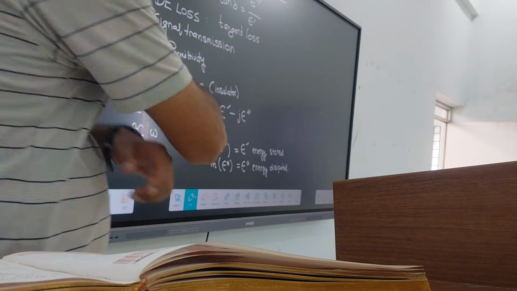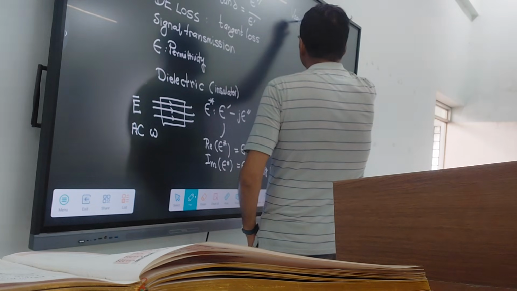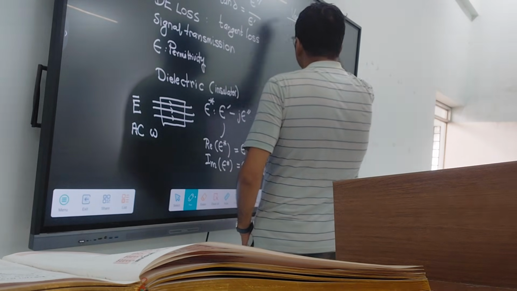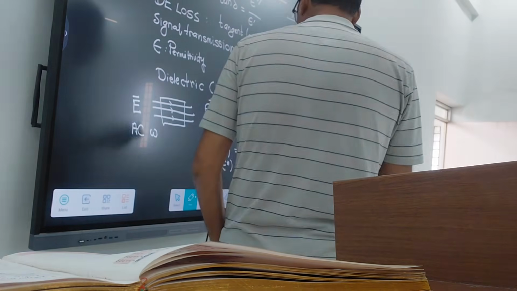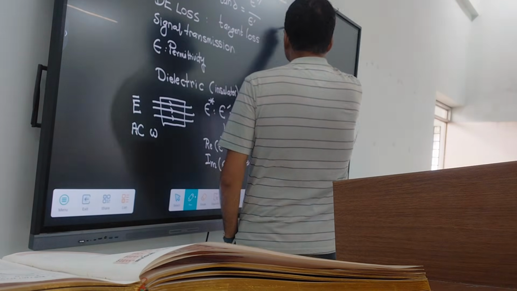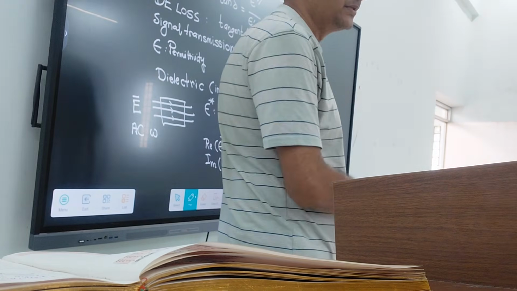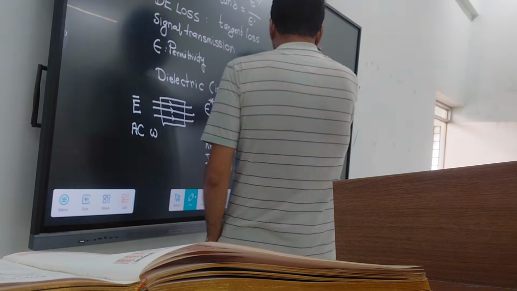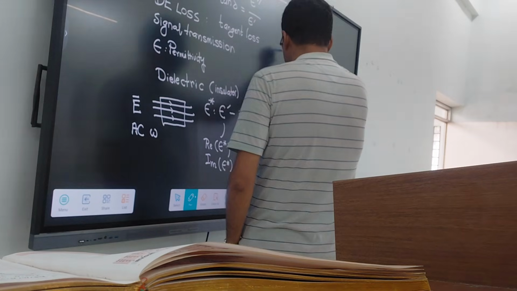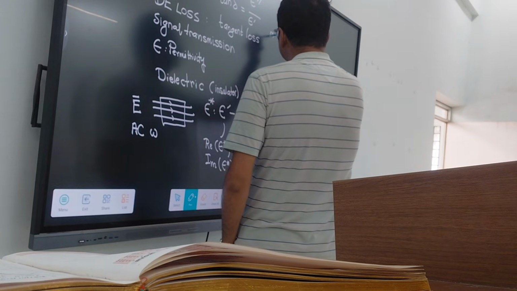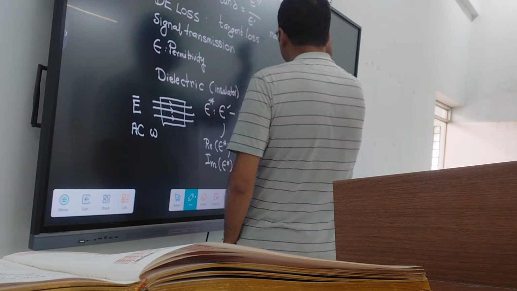Now, if we take vacuum, in the vacuum case there will be no energy loss. So in the vacuum, we represent the permittivity as epsilon 0. In the normal case, for a normal material, we represent a term called epsilon r.